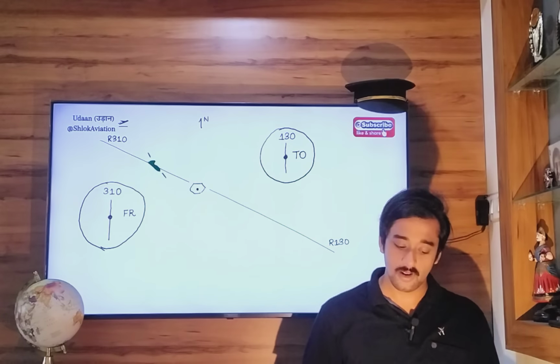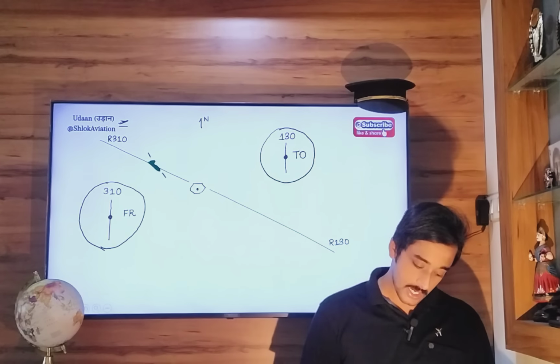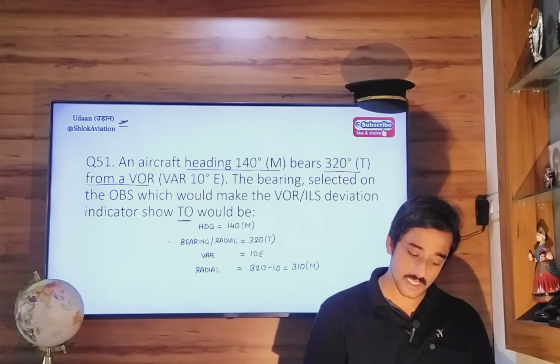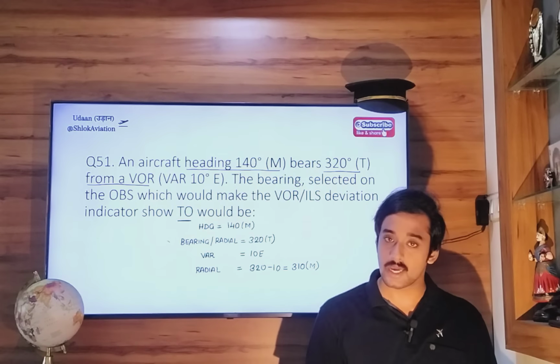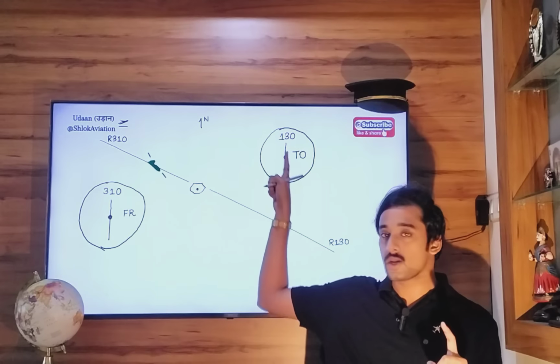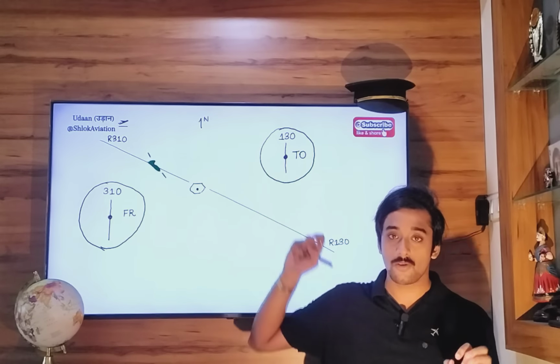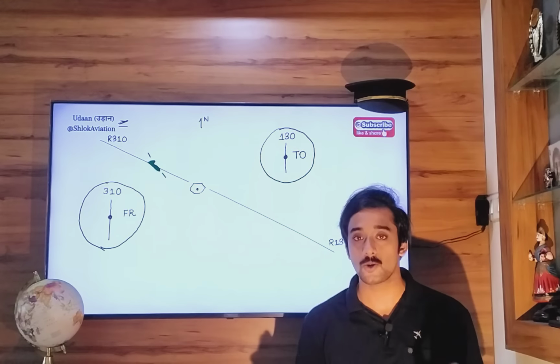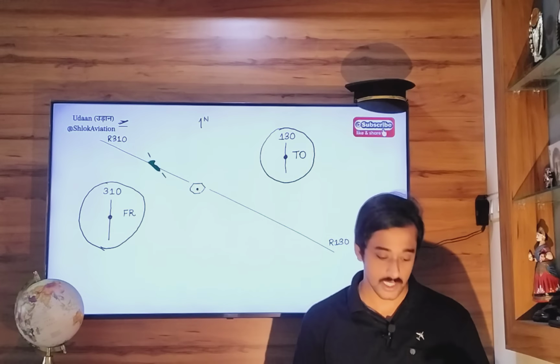So the correct answer here is the bearing that should be selected in the OBS that would make it show 2 indication, which will be this bearing 130 with a 2 indication. So you will select that option which has this value 130 with a 2 indication.